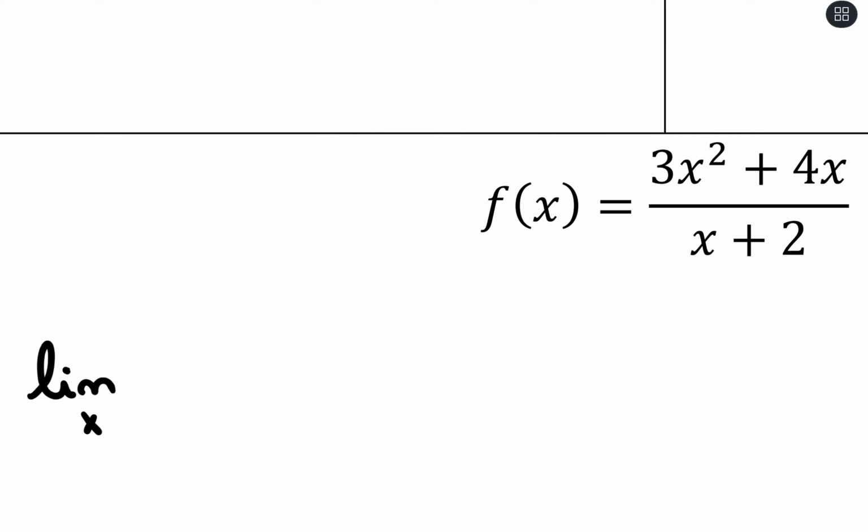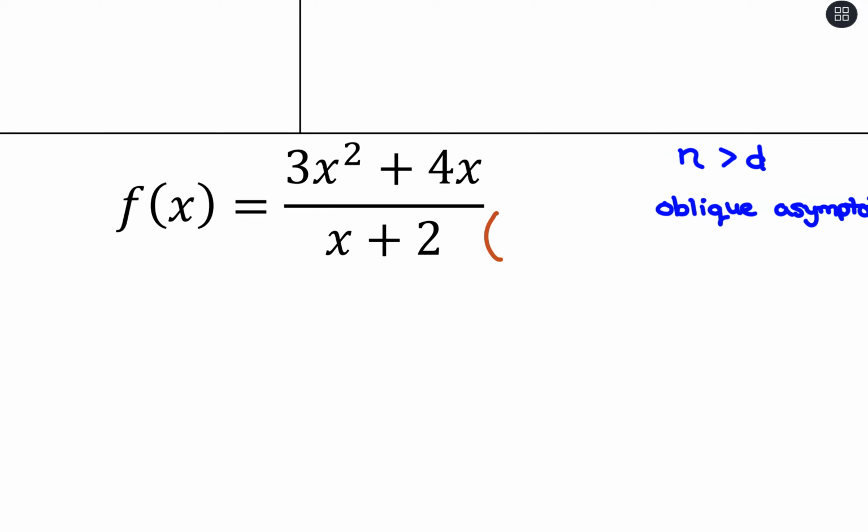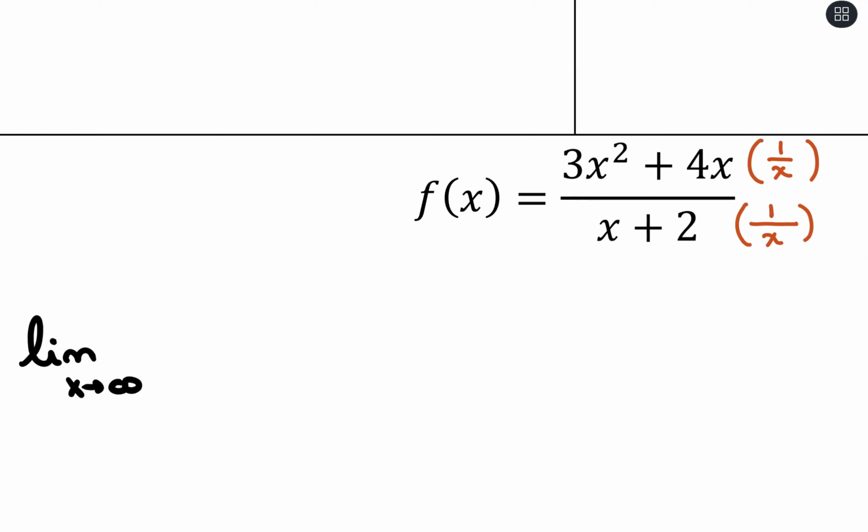So how about, as we go to positive infinity, I'm going to do that same trick of focusing on the denominator. I see just a single x, so I want to divide by 1 x. So when we do that, we're taking the limit as x approaches infinity of 3x plus 4 over 1 plus 2 over x.